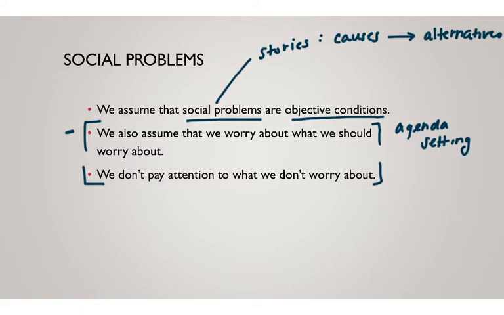But in about 2014, the CDC, which is the Center for Disease Control and Prevention, released a study that indicated that there was a large spike in the number of opioid overdoses.